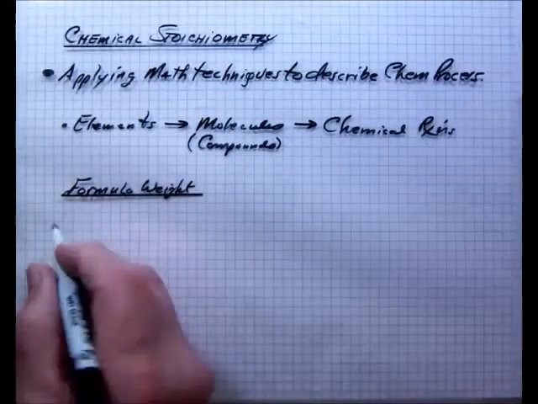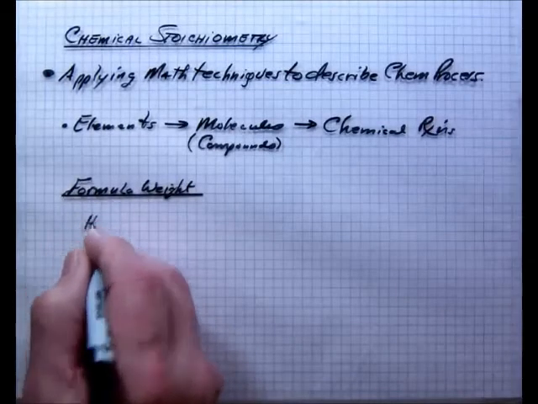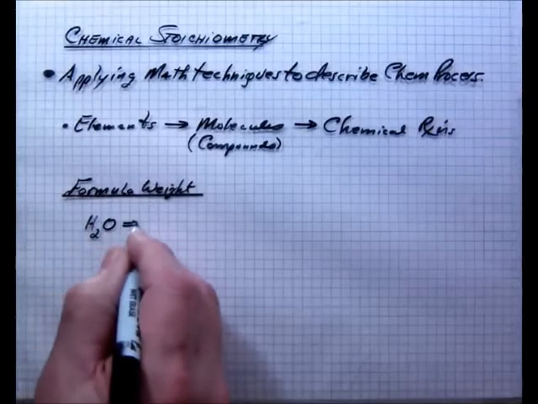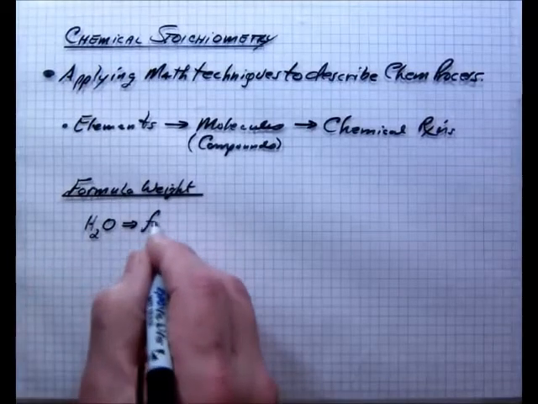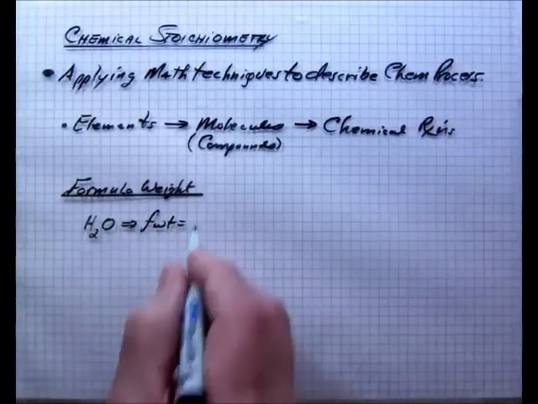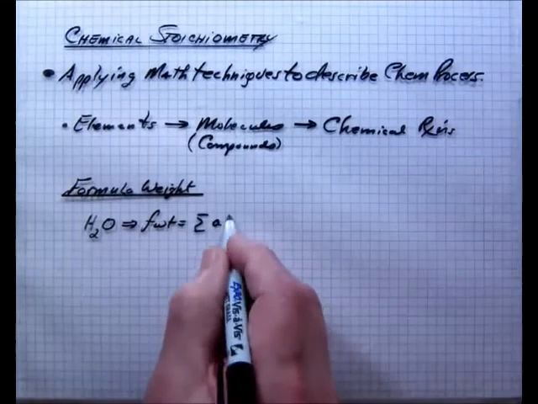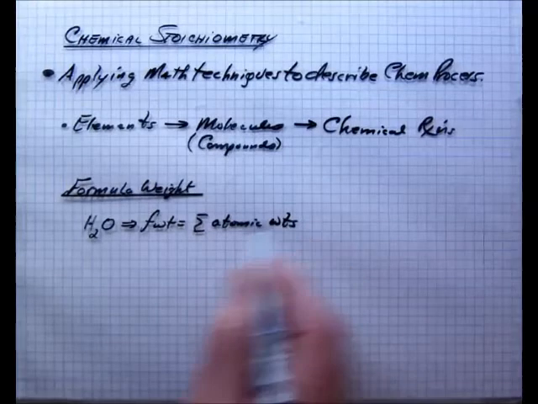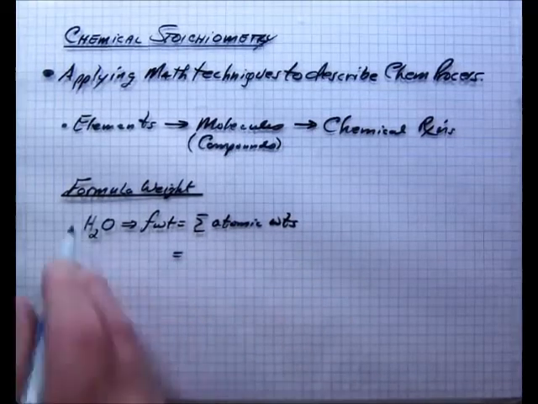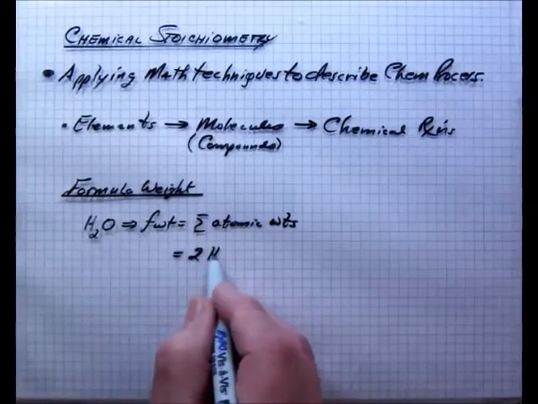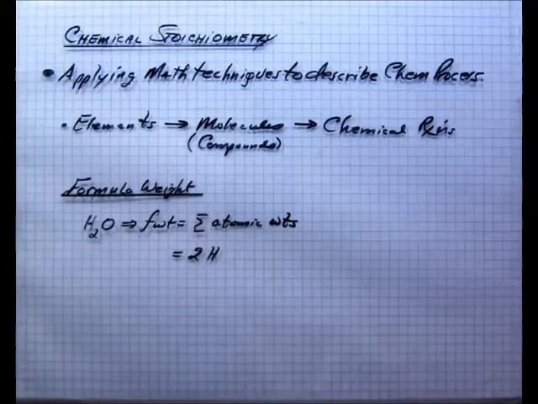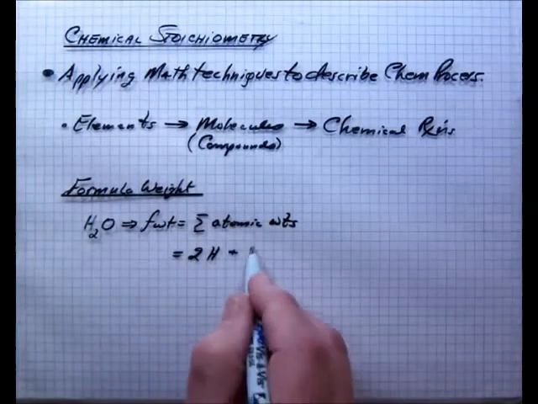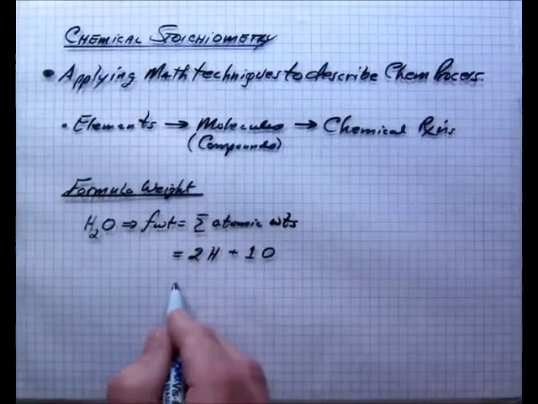Okay, so water, of course, is H2O, and if we need the formula weight, it is equal to the sum of all the atomic weights, and that translates to the atomic weights of 2 hydrogen atoms and the atomic weight of 1 oxygen atom.